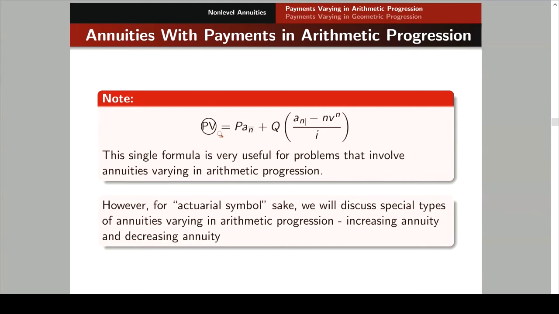So let me introduce you some actuarial symbols for increasing annuity immediate or decreasing annuity immediate. Again, we are focusing on annuity immediate here. Make sure that you can manipulate all the formulas for annuity immediate para magamit nyo siya for annuity due.